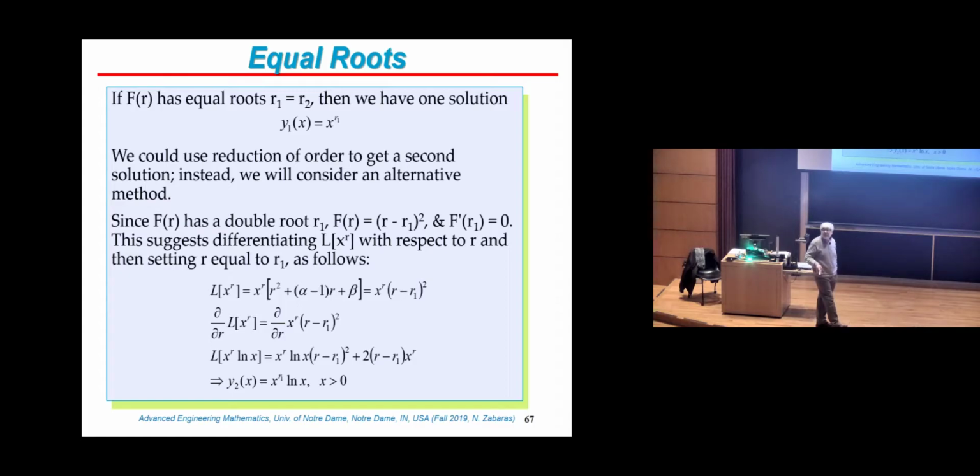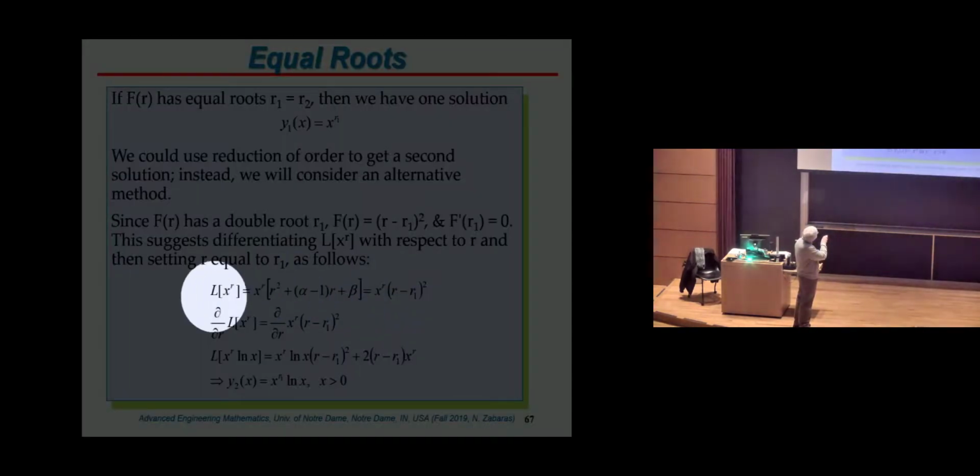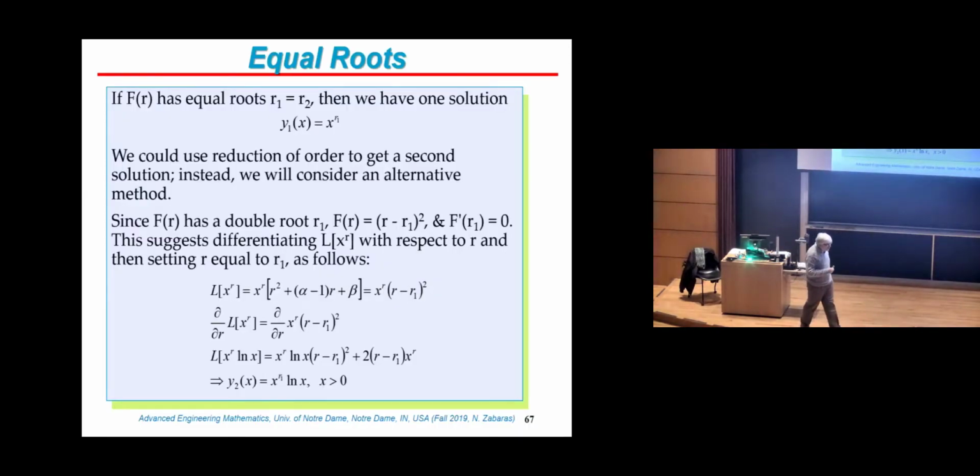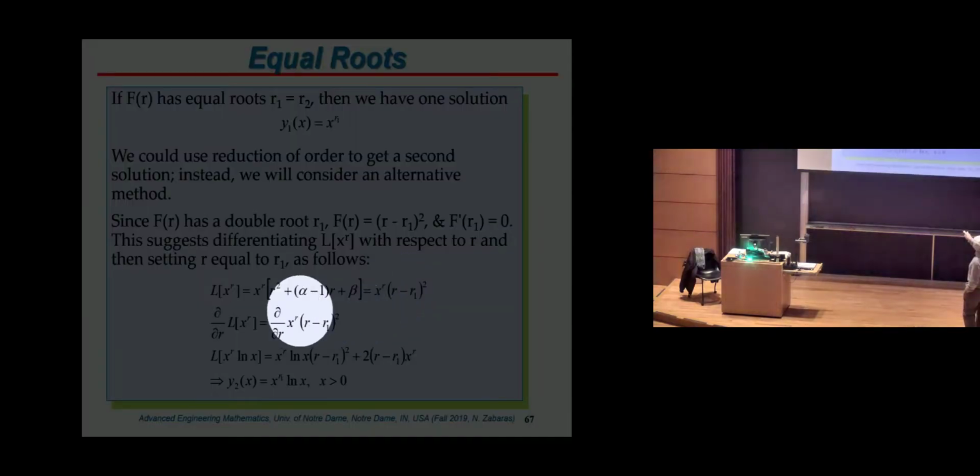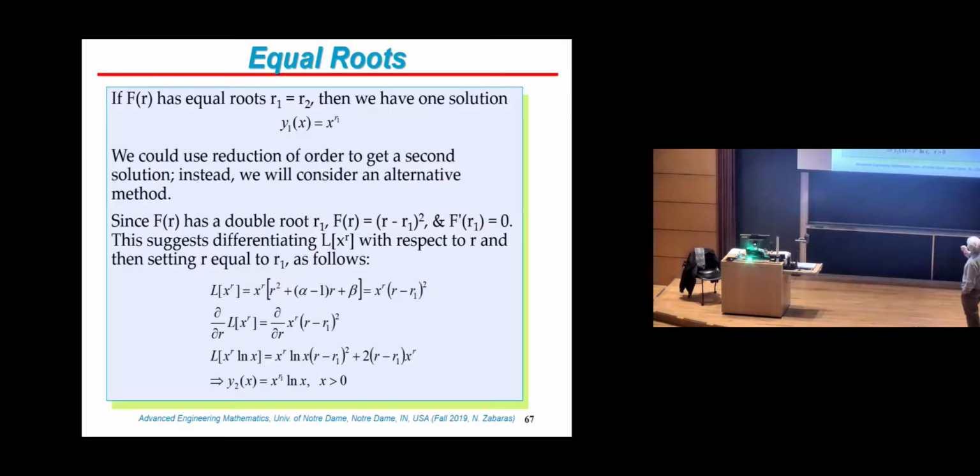Yep. So let's do the following thing. This equation is correct if I have two roots that are the same. I am going to take derivatives of the left-hand side and the right-hand side with respect to r. Why not? If I put the derivative inside the operator, which is basically inside the differential equation, what is the derivative with respect to r of x to the power r?